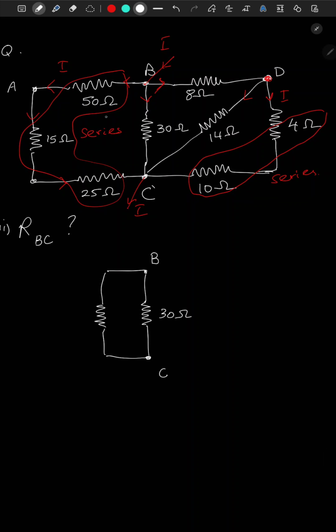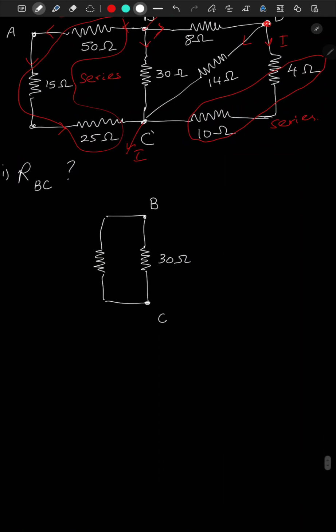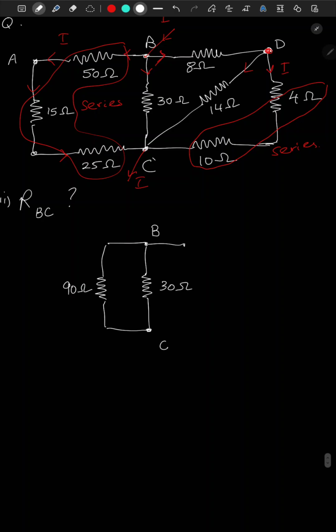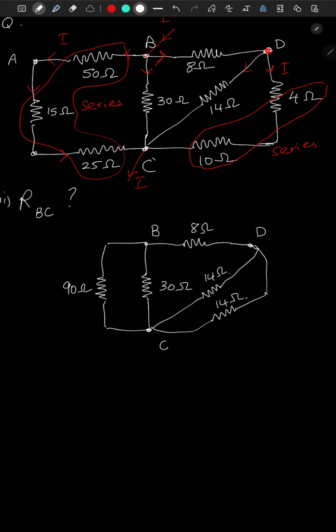So 50 plus 15 plus 25, which is equal to 50 plus 40, which is 90 ohm. And here is a 8 ohm resistance, and this is node D. And from C to D we have this resistance 14 ohm, and this one is in series. We have to add, so we have 14 ohm over here.